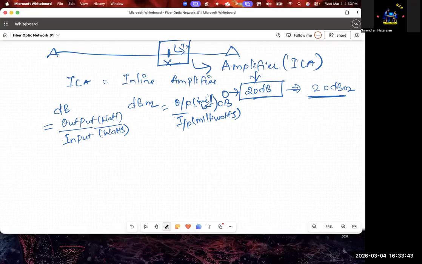So this is an even lesser value compared to the dBm value. So dBm is like a kilohertz, dBm is like a hertz. That's a good catch, yes. So it's the right time to introduce dB and dBm.